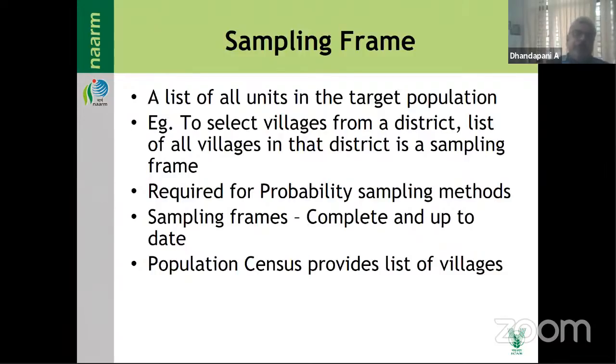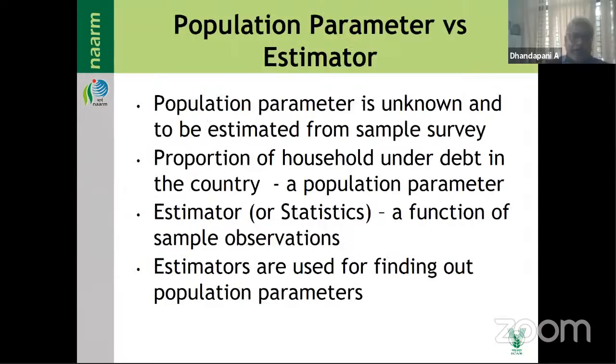That work will become much less, because you need to have a list only at the last stage, only for the selected villages. So that can be compiled in very quick time. So that's why we can avoid this.